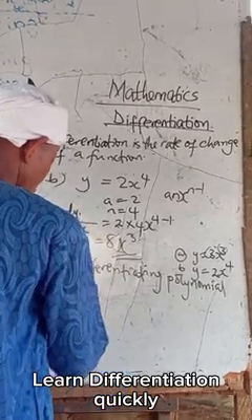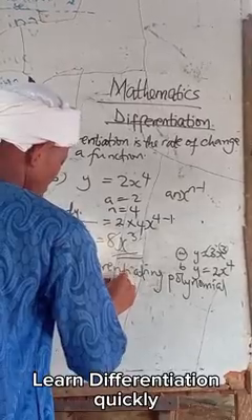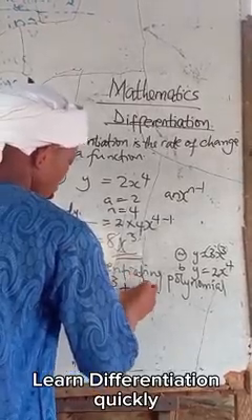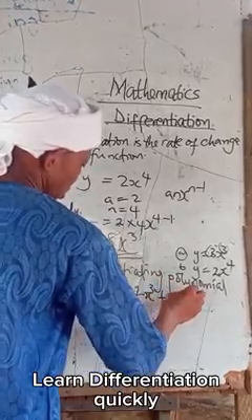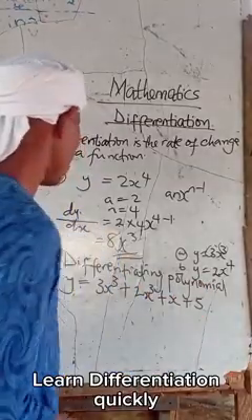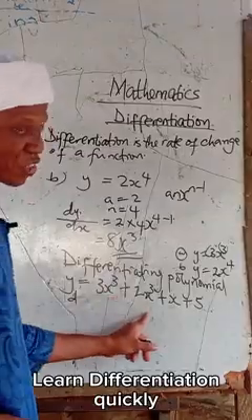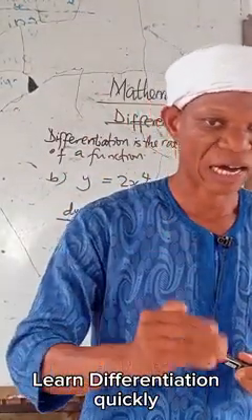For example, you have y equals 3x raised to the power 3 plus 2x raised to the power 2 plus x plus 5. Good. Now, when you are differentiating a polynomial, you differentiate term by term.